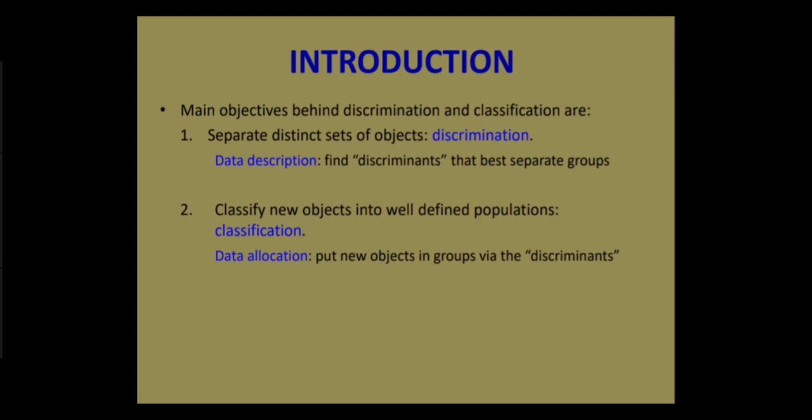We describe the features of the observations that will separate the groups, and we classify the new observation or new object to be allocated to which group or which population using the discriminator. Okay, that is the introduction about discrimination and also classification.